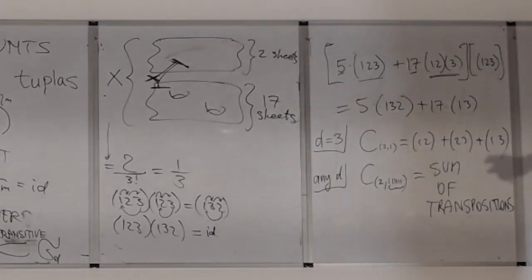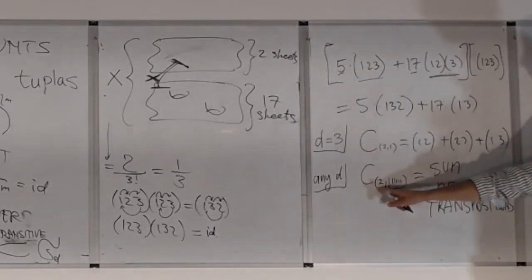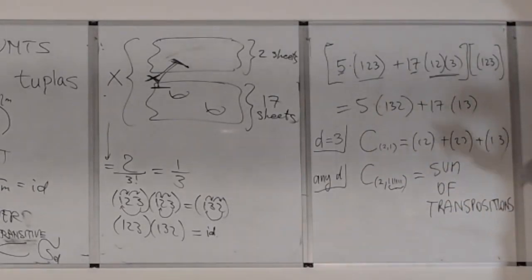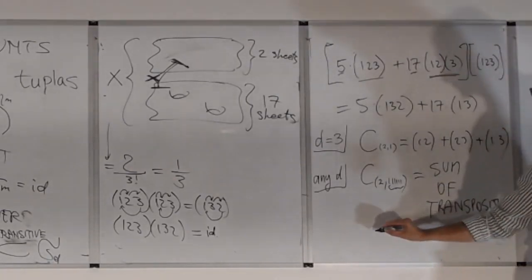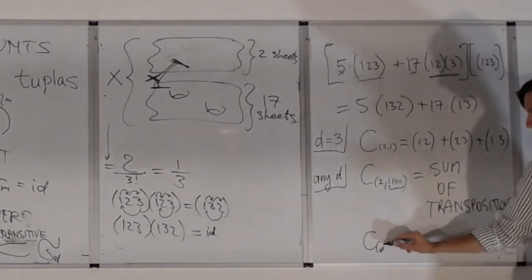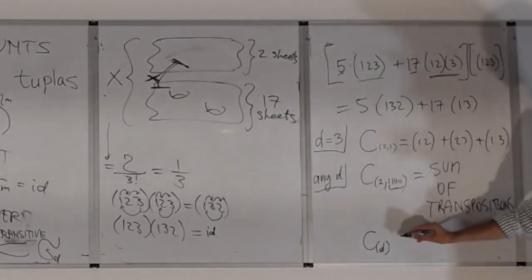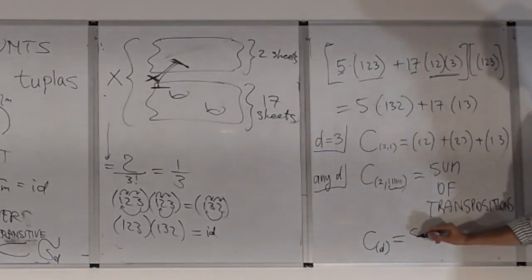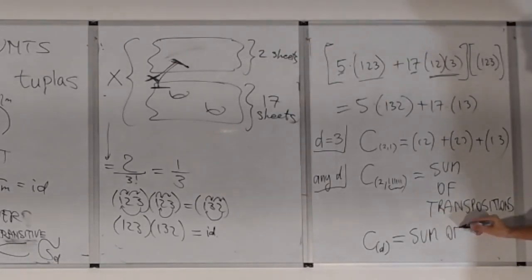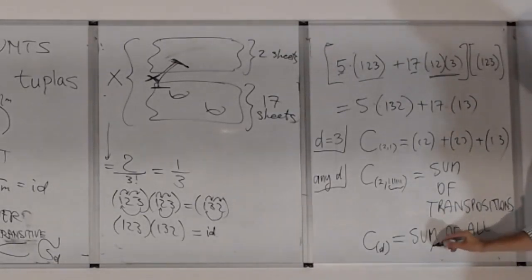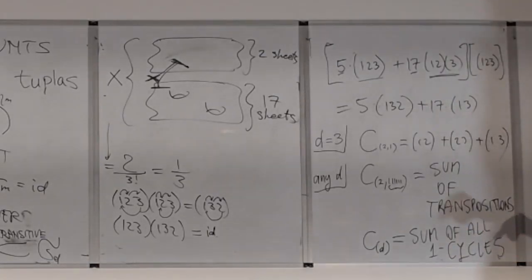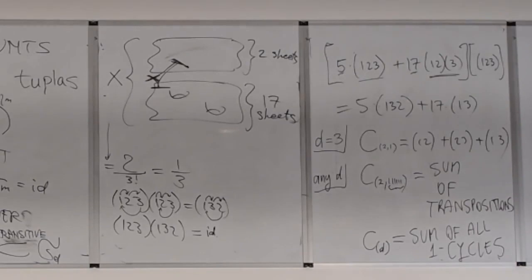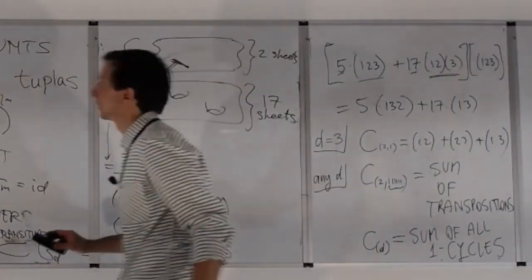Basically you take the sum over all elements that mix 2 sheets, and that's just, for any D, the sum of the transpositions. And if you take, say, C, and here you have the partition D, that's just the sum of all cycles. Does that make sense? And so now you can define simple Hurwitz numbers.